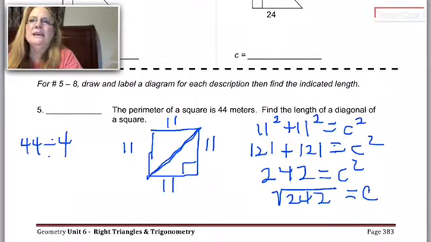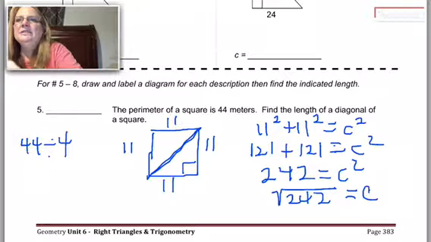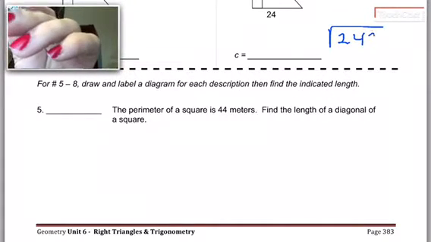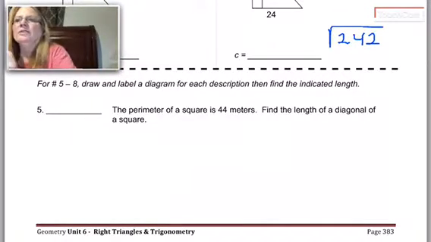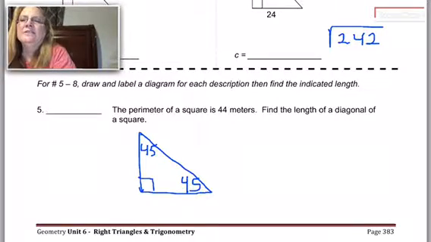But if you think back to the notes, there's a much easier way to do this problem. So let me clear this so I can show you another picture. Right now we have the square root of 242, which I'm going to write up here. We can simplify that, or we can go back to the pattern that always exists in a 45-45-90 triangle.